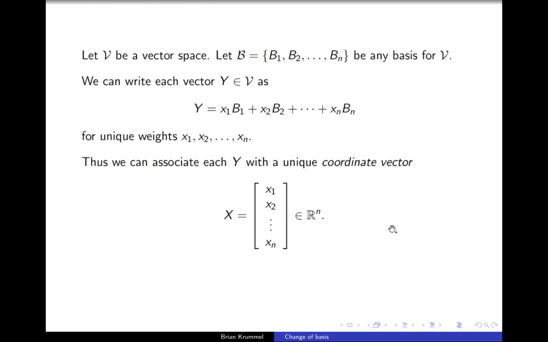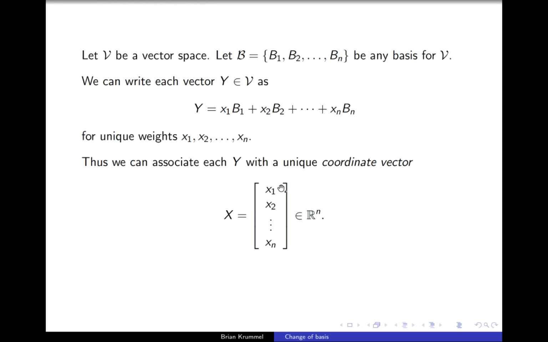Now, what we'll eventually say is there's actually a linear transformation given by writing down this coordinate vector. So what we're trying to say here is that when I take linear combinations of vectors like y in V, that corresponds to just adding the entries of the coordinate vector.